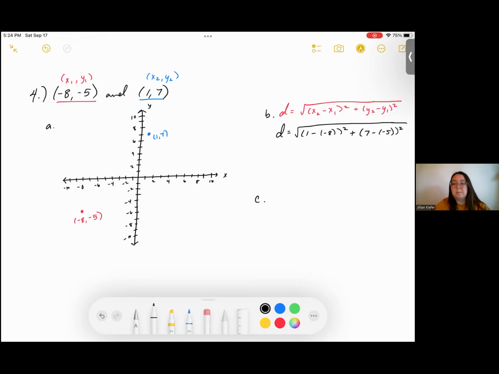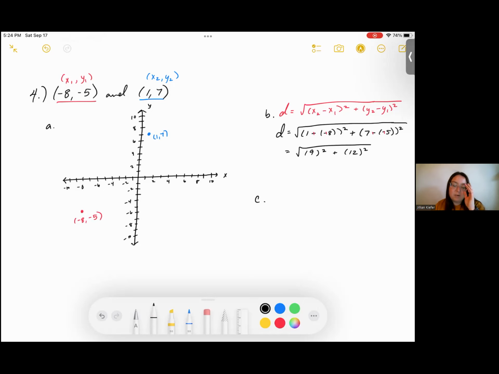And that is also squared. So we want to add these together, we want to simplify. We know that double negatives mean plus, so this is really 1 plus 8 and 7 plus 5. So 1 plus 8 is going to be 9, and 7 plus 5 is 12.